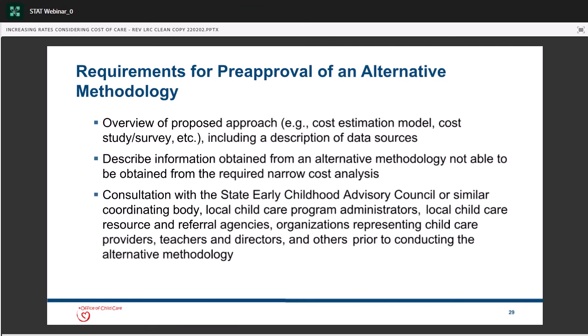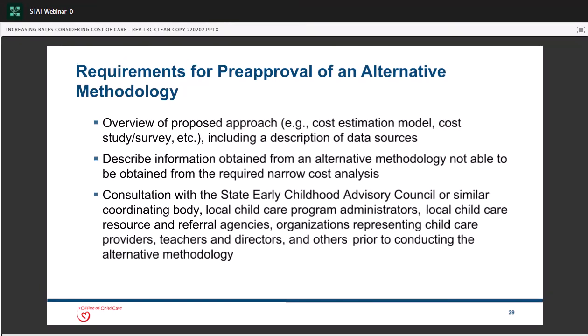Though it's last on this slide, I can't emphasize enough, it's really number one, that consultation with your required stakeholders prior to conducting any approach. I just really can't emphasize how important it will be and how time-saving and valuable it will be to do that front-end work. You're obviously also going to provide an overview of your proposed approach, including the data sources you plan to use. You'll describe the difficulties you believe you would have or the limitations you would have in being able to obtain the same information from the required narrow cost analysis.